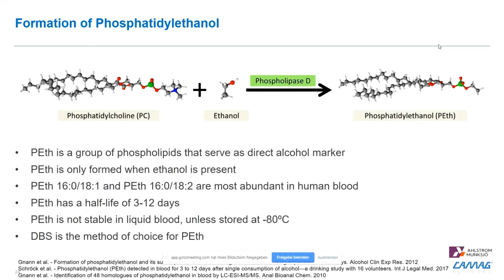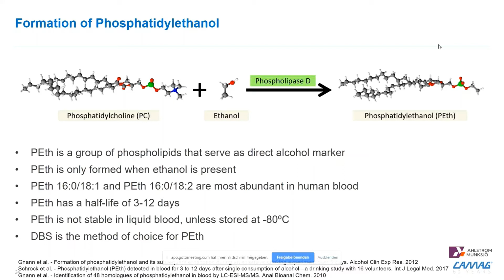Considering the formation of phosphatidylethanol within the human body, we have to have a look at this figure here. Phosphatidylethanol is formed within the human body when phosphatidylcholine loses its choline head, which is a natural process occurring due to the presence of phospholipase D. This process normally forms phosphatidic acid, which serves as a second messenger within the human body.